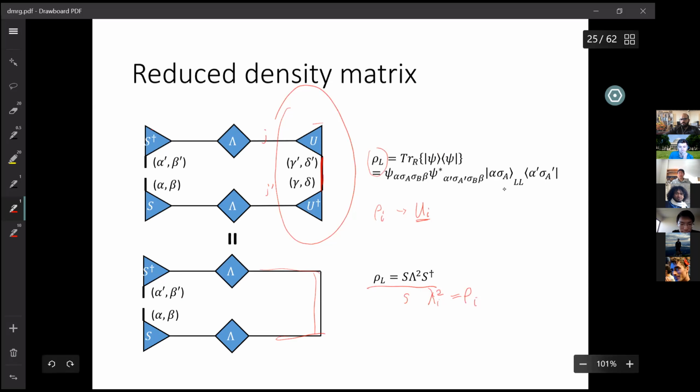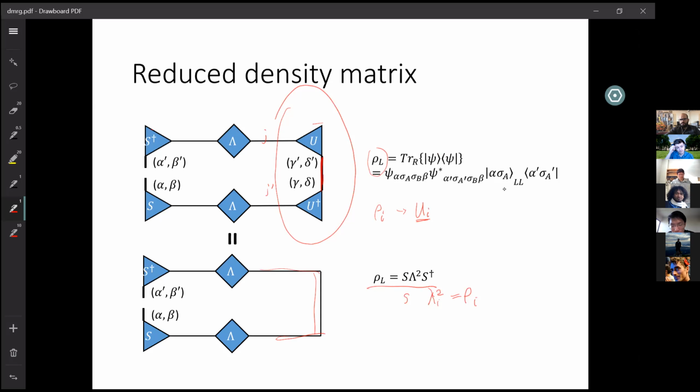Okay. Can I ask? Maybe this is jumping ahead, but I'm trying to understand how keeping the largest Schmidt eigenvalues is the same as getting rid of short range entanglement, as people say, right? If I am computing the entanglement entropy, then I'm taking sums of logs of these Schmidt eigenvalues, right?